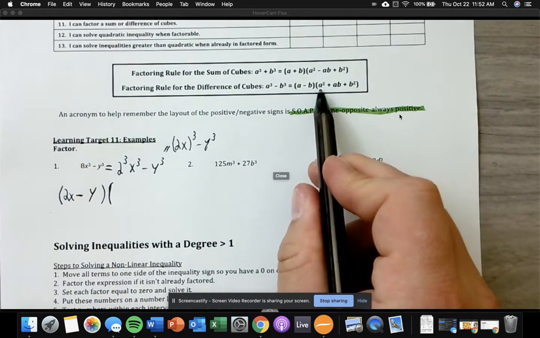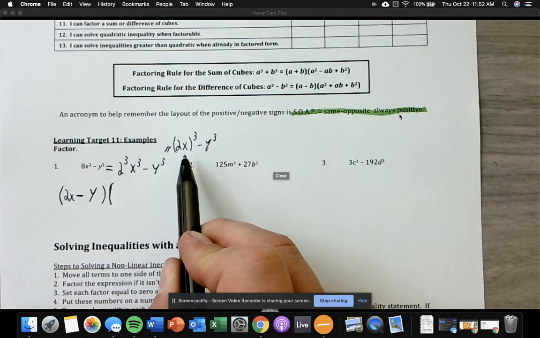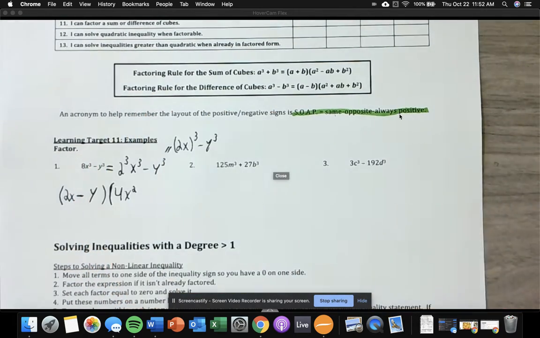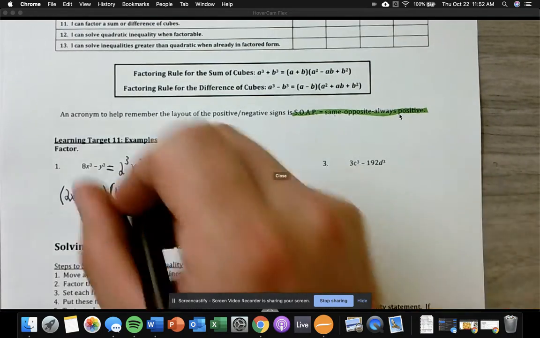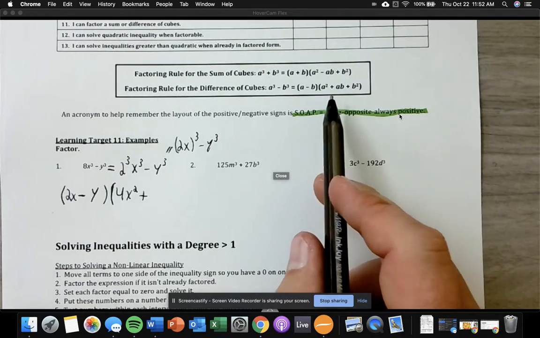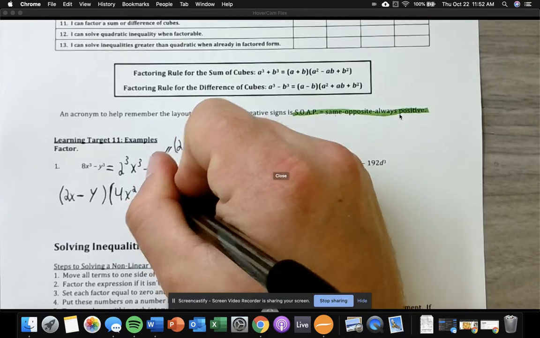Then we're going to have a squared, which we know is going to be 2 squared times x squared, which is 4x squared. The next sign has to be the opposite, so it's going to be plus. A times b is 2x times y, which is 2 times x times y.